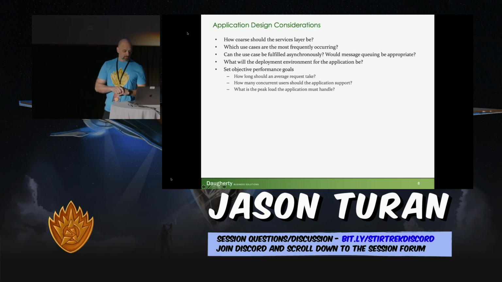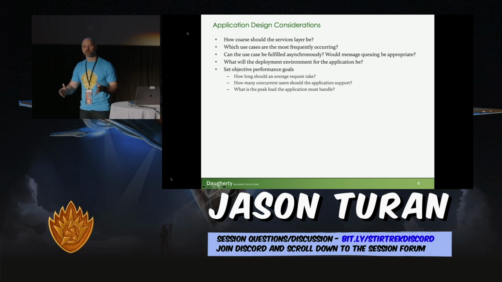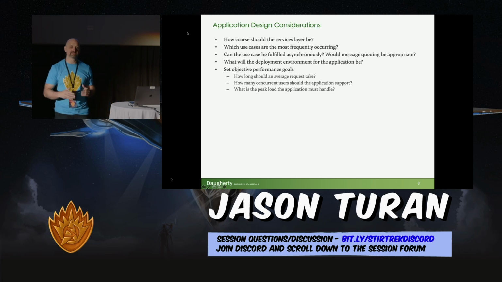You'd also be considering which use cases are most frequently occurring within your particular application, because different scales require different infrastructure, right? Like a database might be just fine as a queue if you have thousands or tens of thousands of rows an hour.